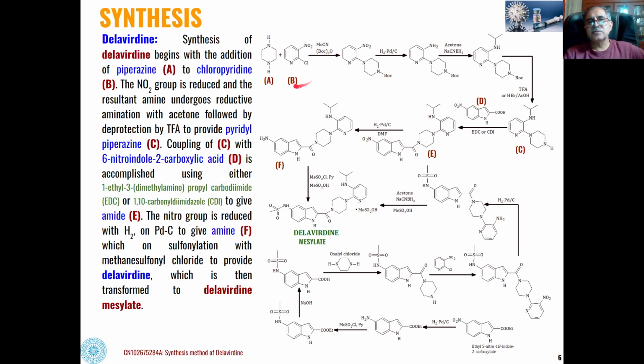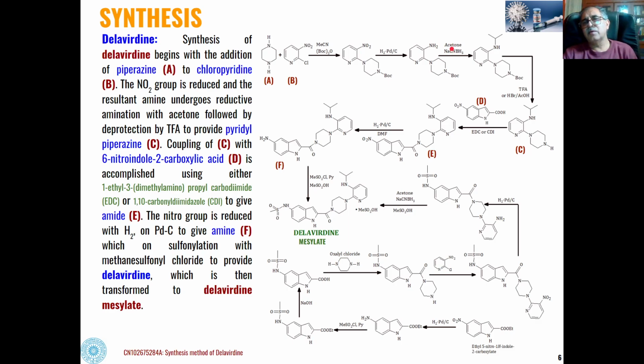Basically, BOC is used for protection of the secondary amino group in one of the nitrogens, so that the other nitrogen can undergo nucleophilic substitution of the halogen at the aromatic ring, and we will get this type of product. Then reduction of this nitro group takes place in presence of hydrogen on palladium and charcoal. This nitro is converted into amino group.